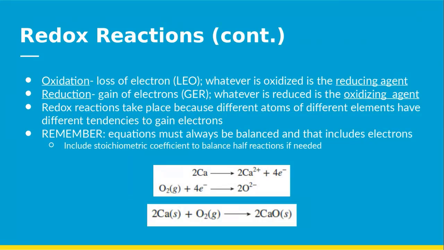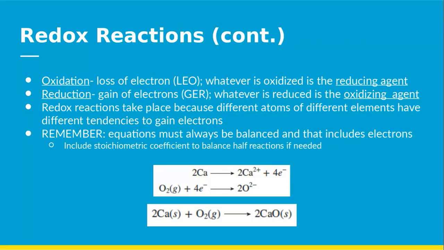As I mentioned, oxidation is loss of electrons. A common mnemonic used for that is LEO, like Leo the lion. Whatever is oxidized is also the reducing agent, because these reactions are always partnered up together. Whatever is being oxidized has to be causing the reduction of the other reactant.